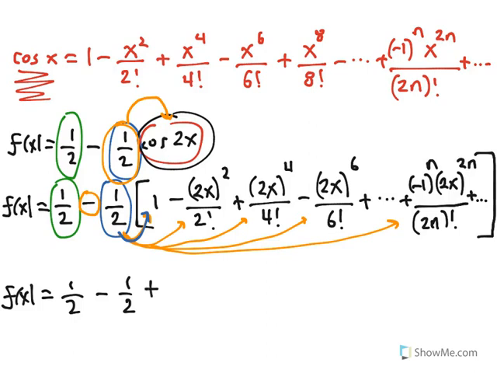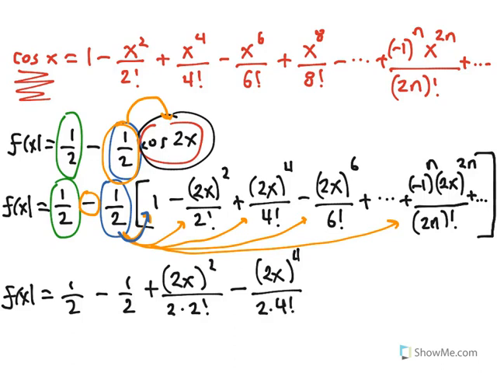Negative times negative is positive, and you will have 2x squared over 2 times 2 factorial. Distribute negative 1/2 to the next term, you have minus 2x to the fourth over 2 times 4 factorial. Distribute negative 1/2 to the next term, you have plus 2x to the sixth over 2 times 6 factorial, and so on. And that's what you'll have.